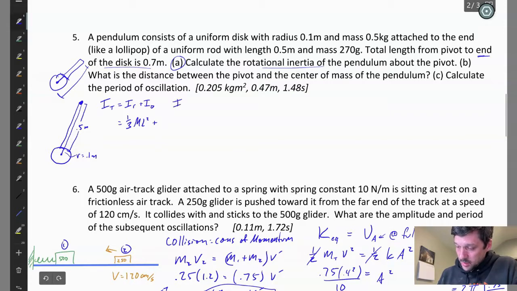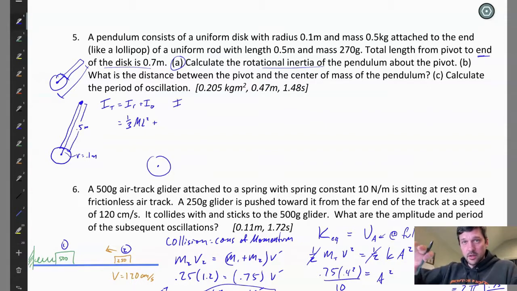That's going to take a little bit of consideration because the disc is not rotating around its own center. Certainly as it oscillates, the disc is going to undergo some rotation, but it's not rotating around its center. It's not even rotating around its edge. It's rotating around a point far away from the edge.